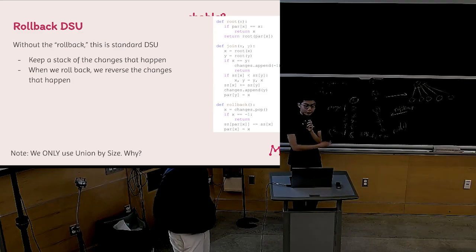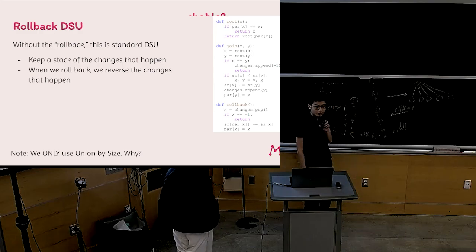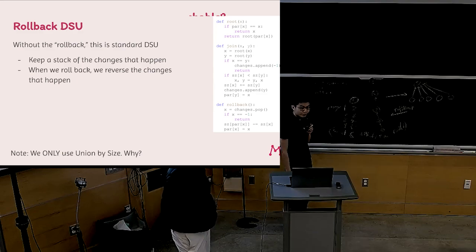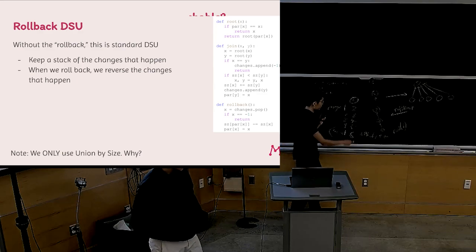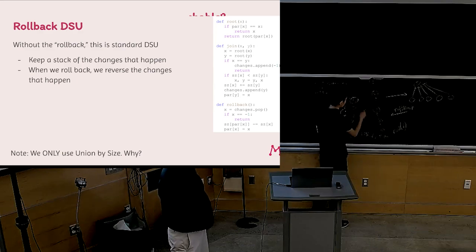Wait, so after you merge 1 to 2, you set parent of 1 equal to 2. After you merge 2 to 3, you set parent of 2 to be 3. Right now I've just drawn 1 at the bottom. So parent of 1 becomes 2, parent of 2 becomes 3. I'm merging 1 to 2 and then 2 to 3 and then 3 to 4. And when I merge 1 to 6, parent of 1 becomes 6.